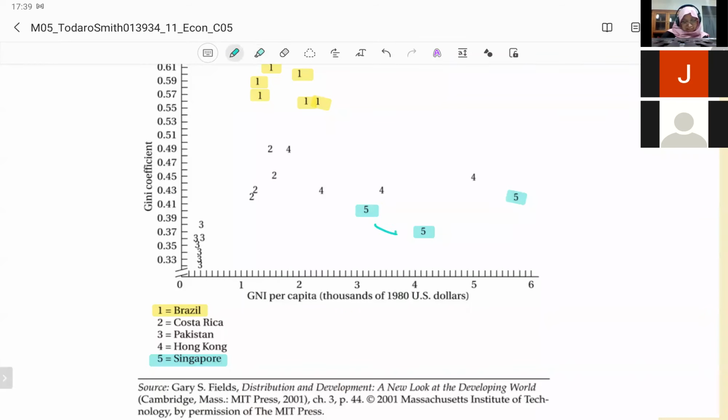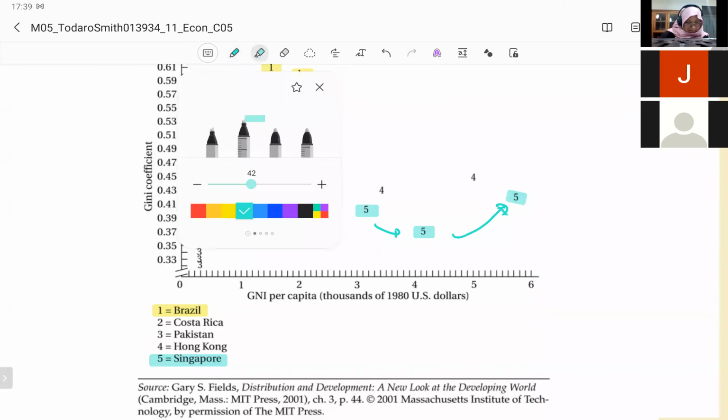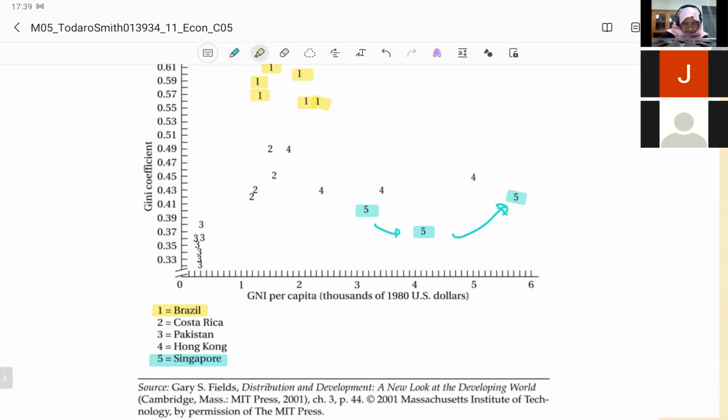So they go down here and then they go up there. That's interesting. And then let's take a look at Pakistan here. It seems like Pakistan's Gini coefficient is just constantly getting higher from time to time.